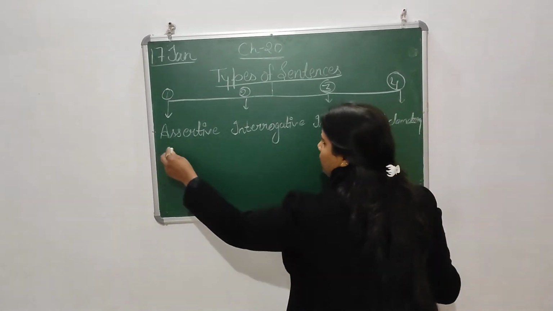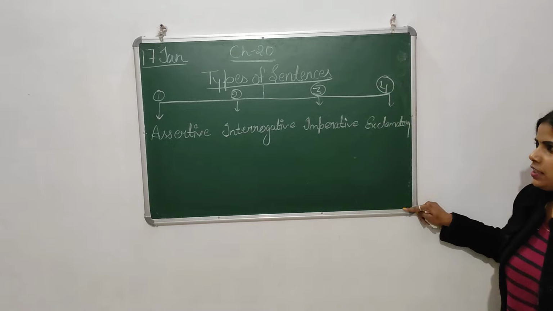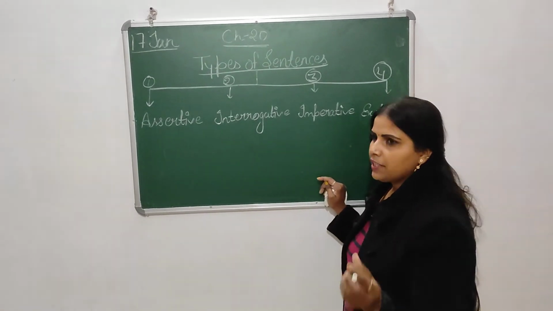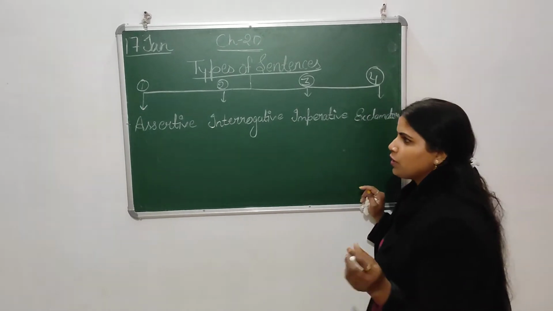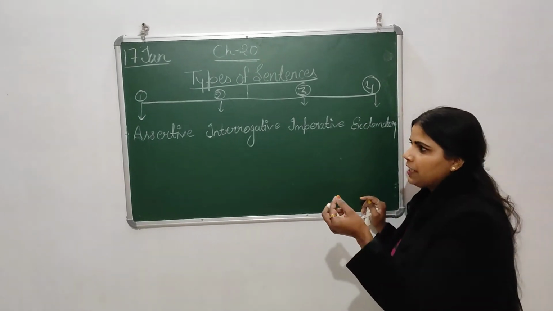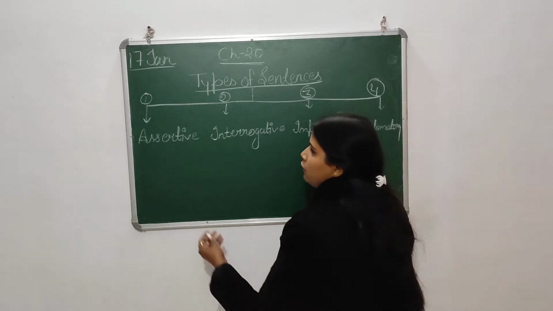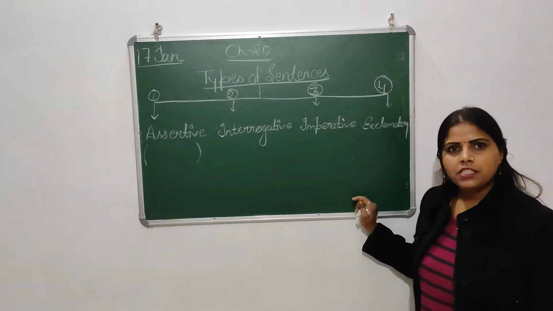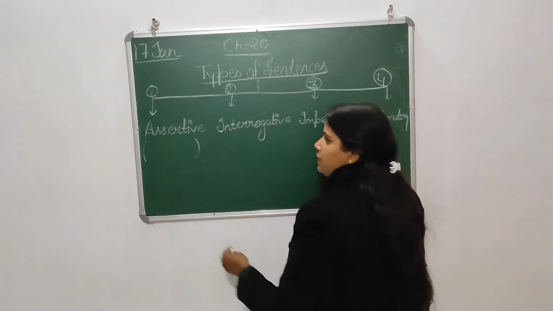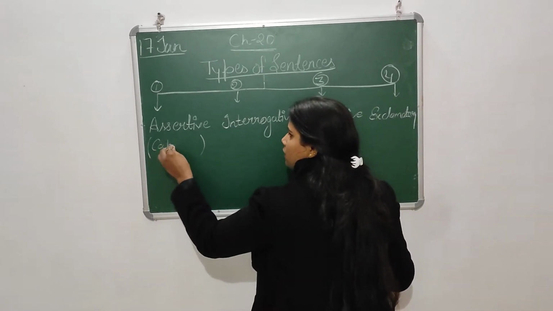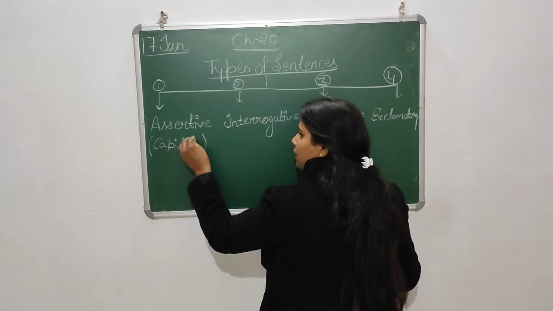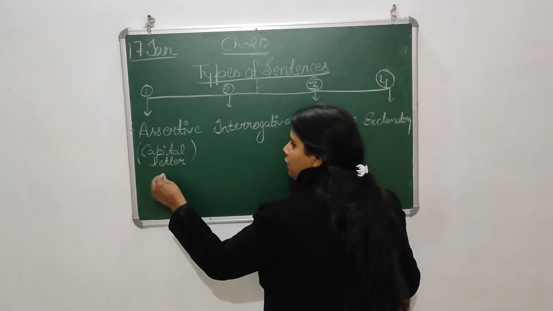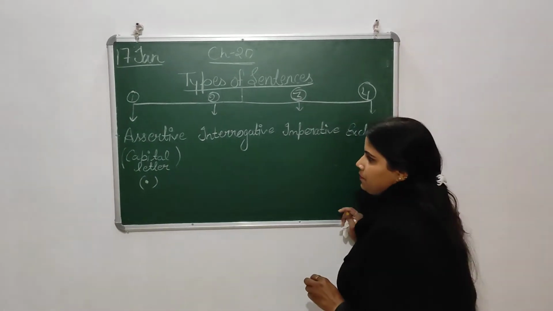Before giving the detailed explanation about these types of sentence, I want to give you some quick method or trick so that you can easily find out which sentence is which kind. For example, an assertive sentence is always a kind of statement, and it always starts with capital letters and ends with a full stop.